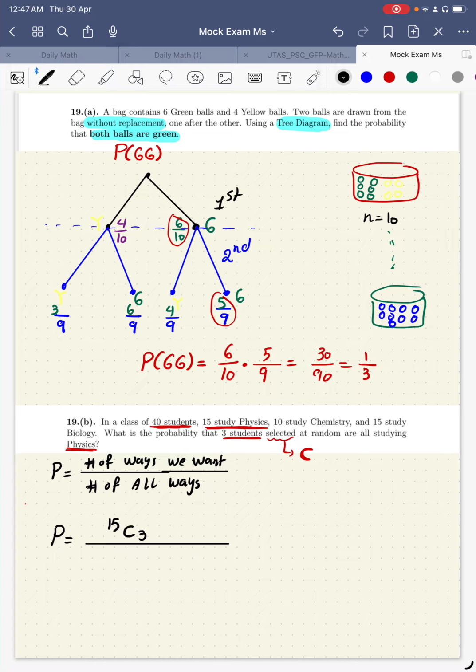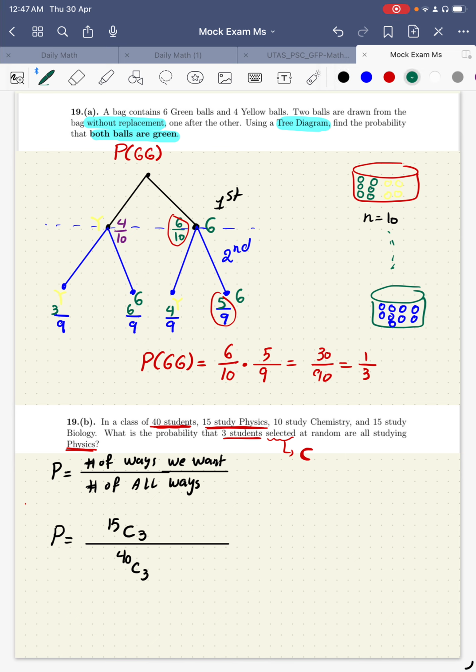What we mean by the all ways, جميع الطرق الممكنة إن نختار من 40 3. ما يهمني إذا كانوا يدرسوا physics، إذا كانوا يدرسوا chemistry ولا biology. ففي البداية أنا بقسم عدد الطرق اللي أباهنا أنا إني أبى 3 طلاب هيك يدرسوا physics، نقسمهم في العدد الكلي للطلاب. يعني العدد الكلي في طريقة اختيار الطلاب.